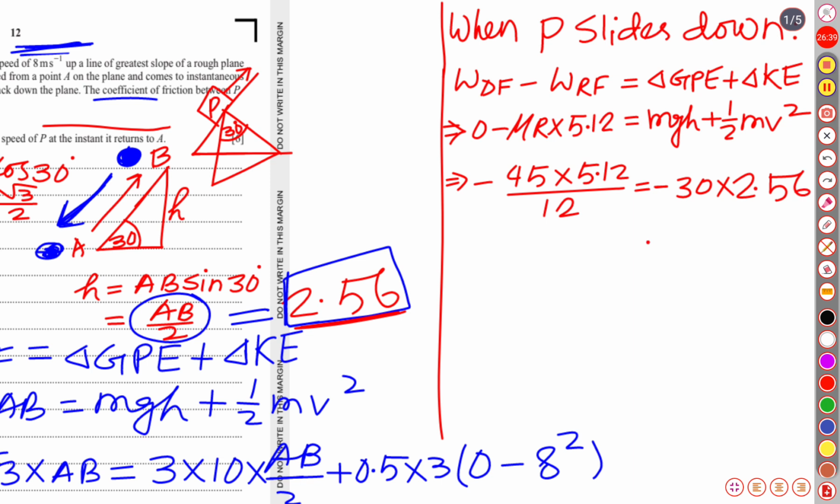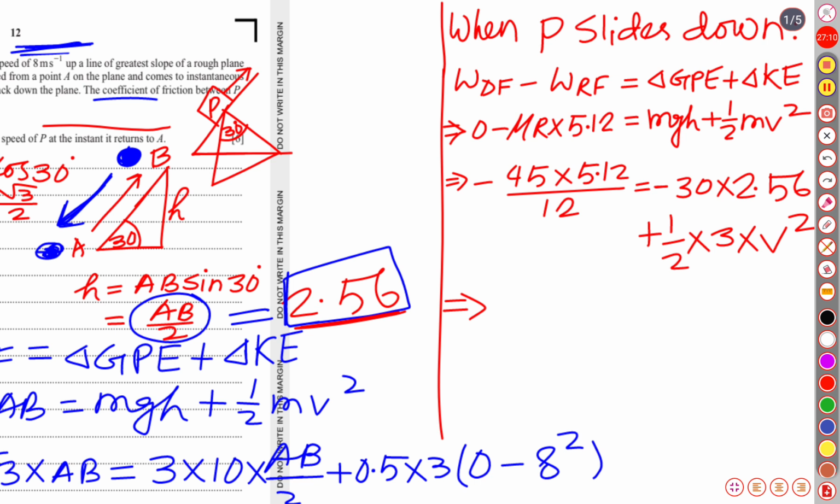Plus half mv squared. So half, mass of particle P was 3 and v squared is to be obtained, because the initial velocity was 0, the final velocity is to be obtained because it started moving down from rest. So it is simply v squared minus 0, that means v squared.